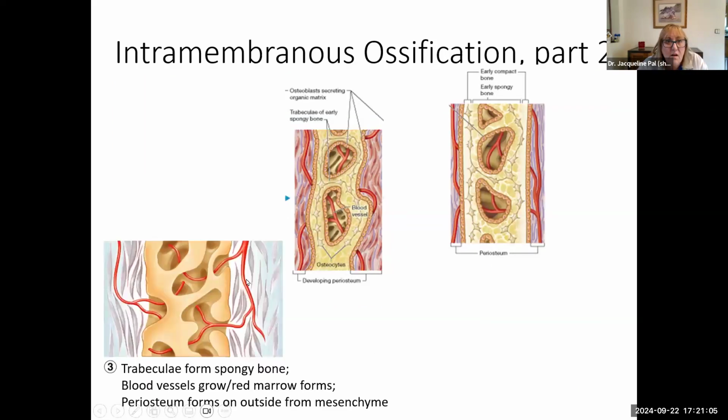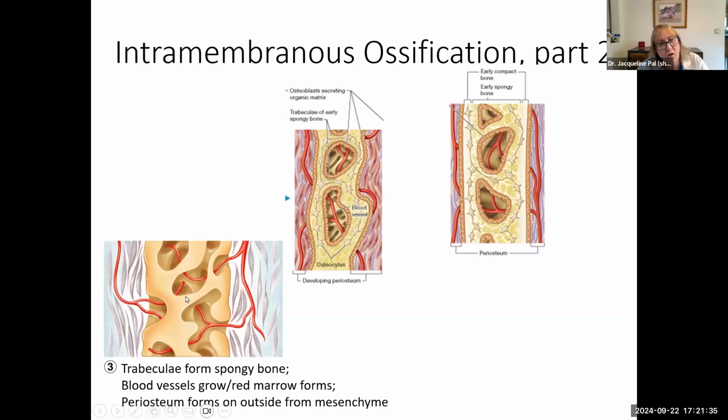So then what's going to happen is some of these other cells get the message and they go, yes, we need to make more fibers. You are going to become fibrous connective tissue. Okay. So the osteoblasts are going to continue forming spongy bone. Some of the cells from the mesenchyme are going to turn into blood vessels.